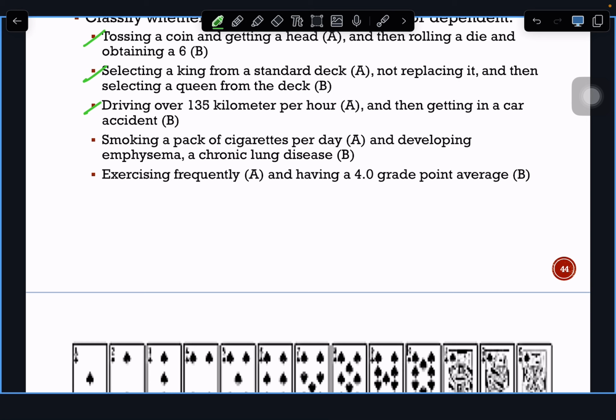For those who smoke, they will say independent. Whoever answers independent is probably a smoker. Whoever does not smoke will say this one is dependent, so that's why I don't smoke. What do you say? Dependent, not independent.